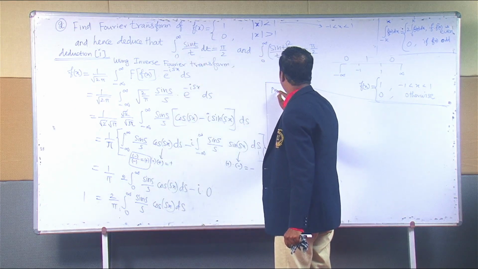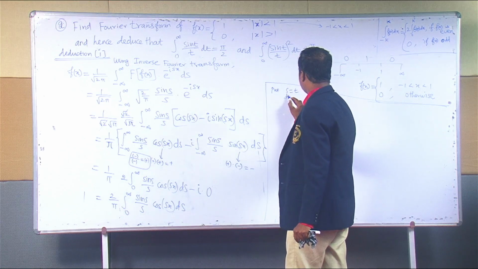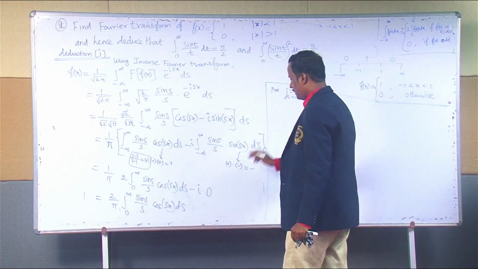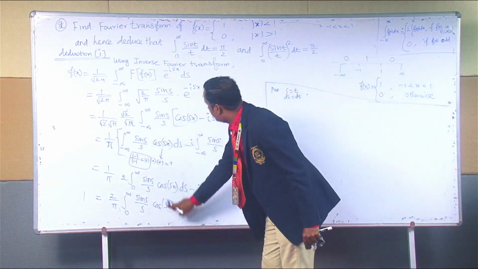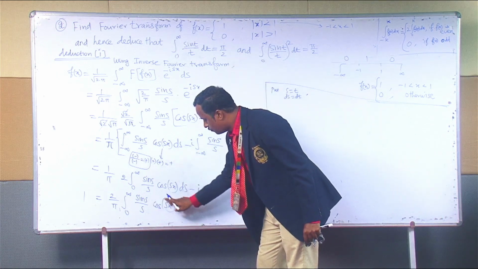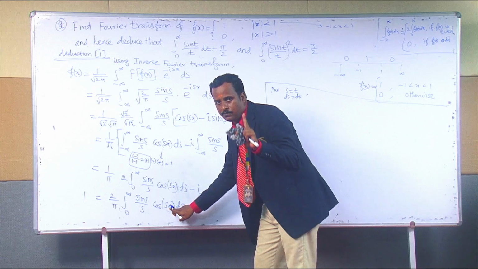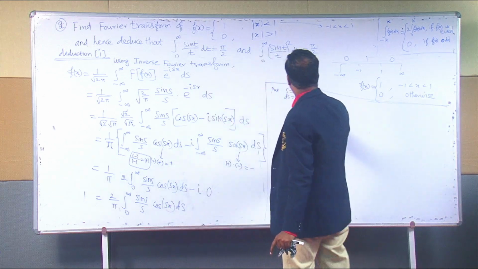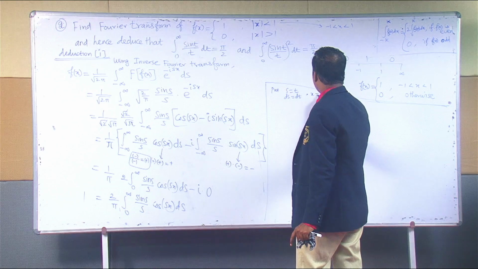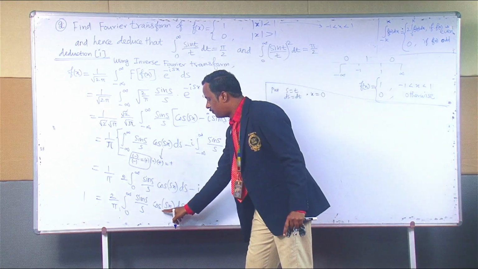Therefore, we have to use the substitution, put s equal to t, then ds becomes dt, and there is no such term here as cos sx. So, to change it to 1 we have to apply x equal to 0, because cos 0 value is 1. So, we have to use the substitution x equal to 0. Where x equal to 0, this becomes cos 0, therefore, this becomes 1.